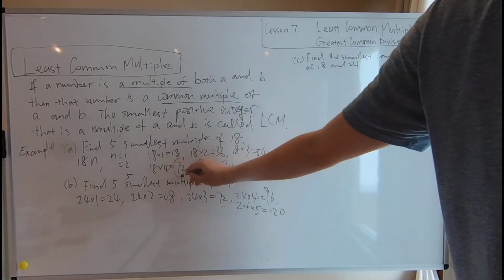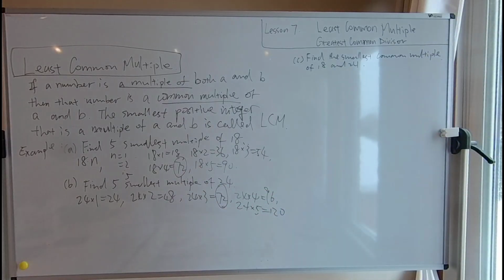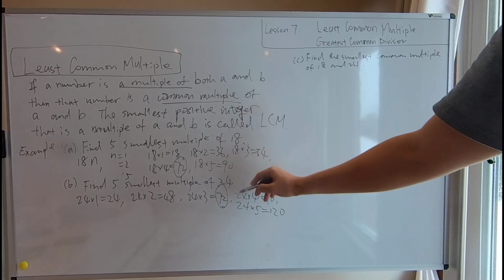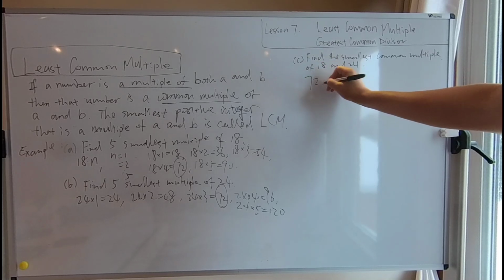So 72 is the first outcome in common between the multiples of 18 and of 24.